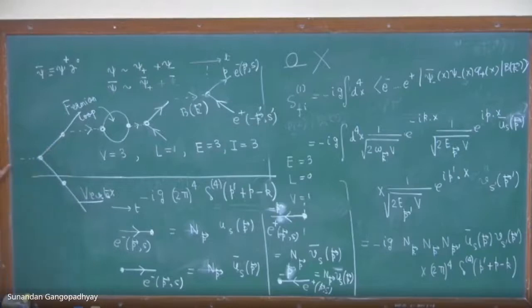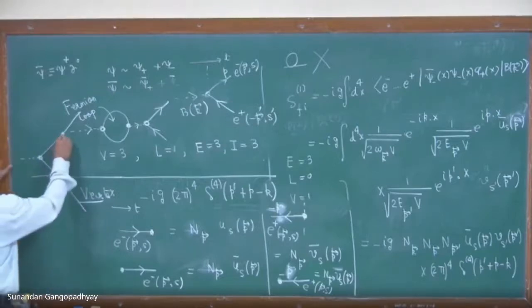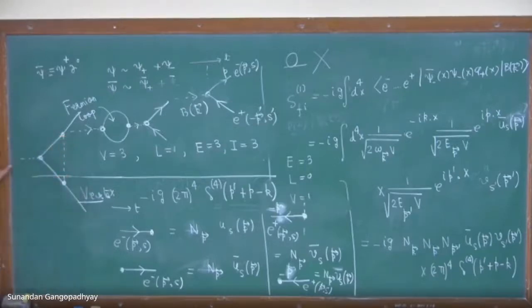What is the missing thing? It's another diagram that is possible at third order. The scalar particle is coming, decaying, and this vertex again two fermion lines. This vertex again two fermion lines. It is exchanging a real scalar particle.